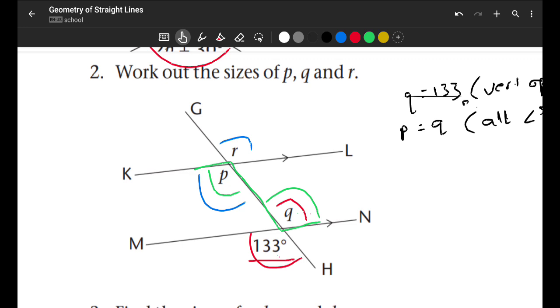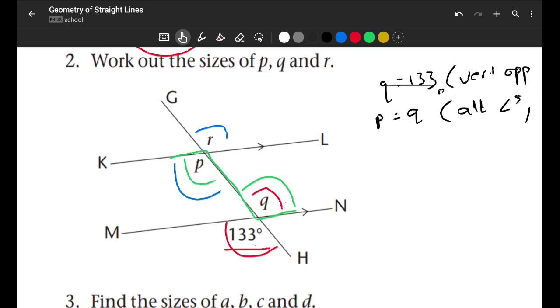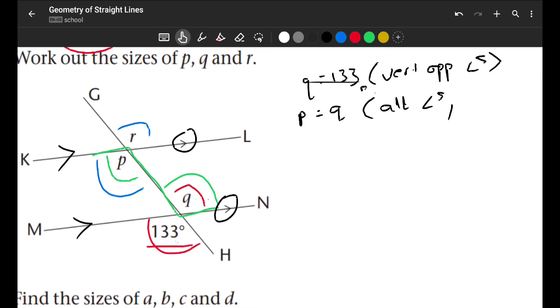Why do I say these are alternate angles? It's because of these parallel lines over here. 1 and 2. When they show this, that means they are parallel. When they show this, that means they are equal. You should remember these when you identify your shapes, so rhombus, kite and all that. But for now, we are on parallel lines, right?